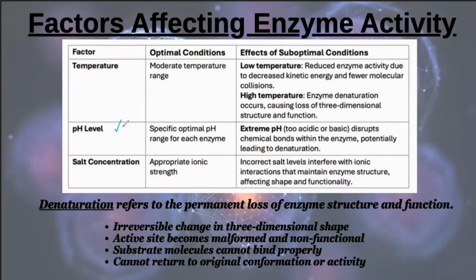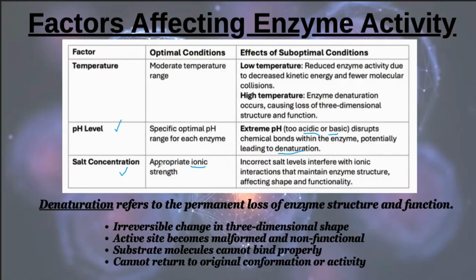Remember, we talked about pH level and acidity versus basic environments. If we have extreme pHs, that also leads to denaturing as well. So the shape can be altered. And then thirdly, we have salt concentration. Remember, we want to worry about that ionic structure.